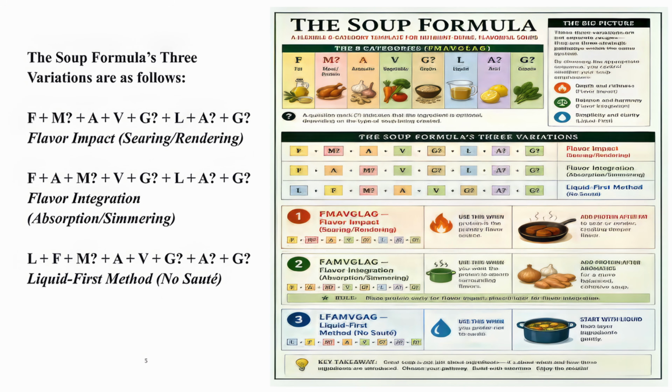The soup formula's 3 variations are as follows. F plus M, plus A, plus V, plus G, plus L, plus A, plus G: flavor impact, searing/rendering. F plus A plus M, plus V plus G, plus L plus A, plus G: flavor integration, absorption/simmering.